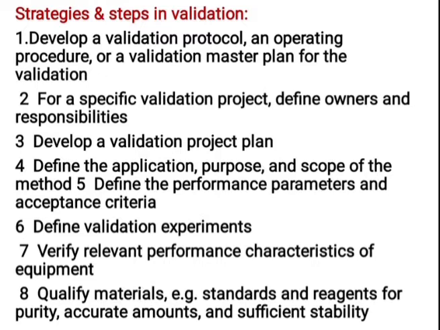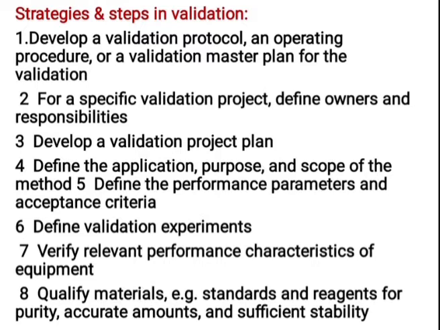So for the validation projects, the owner of this project or owner of this procedure will be there, and he has responsibilities, he has a copyright of that procedure. Then develop a validation project plan. Then the fourth one is define the application, purpose and scope of the method.